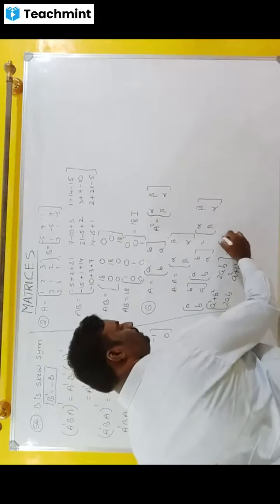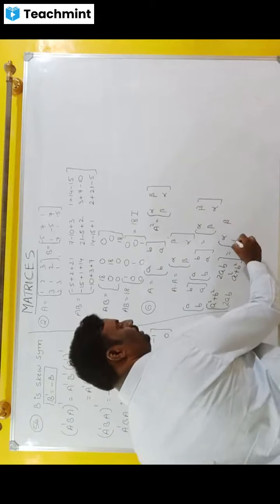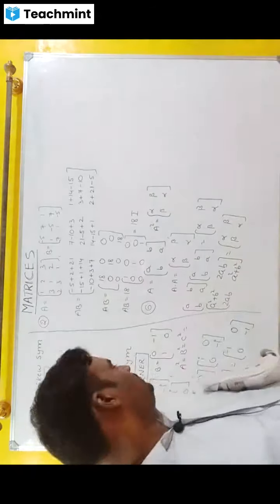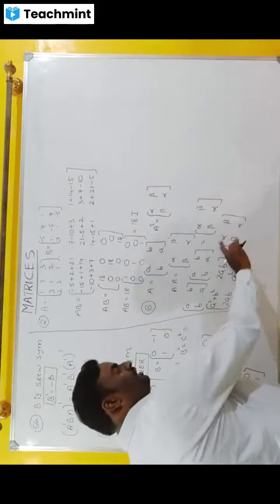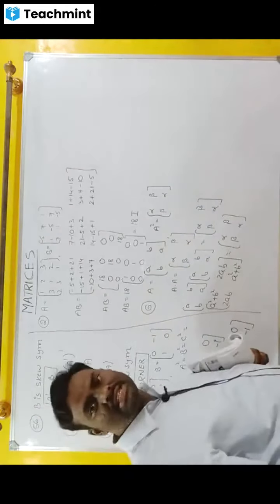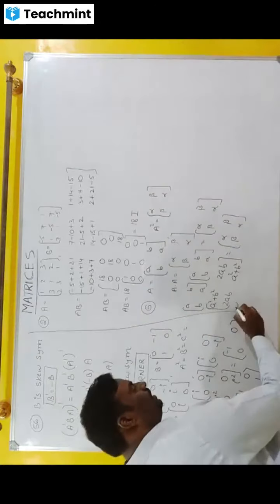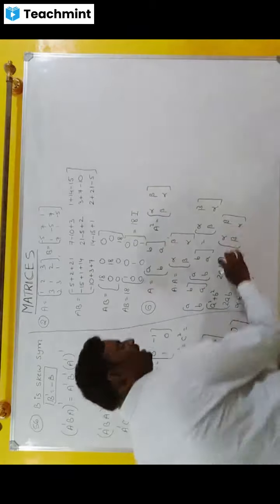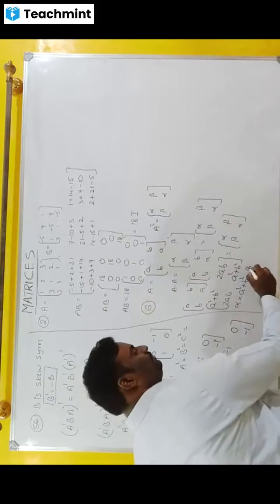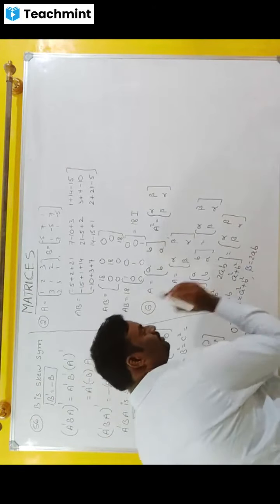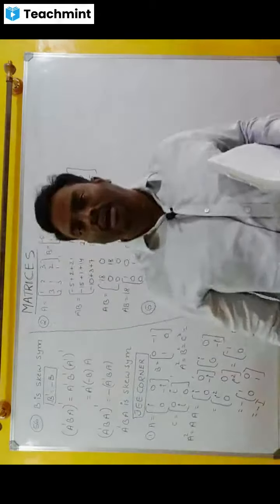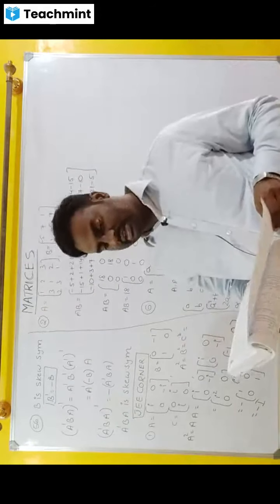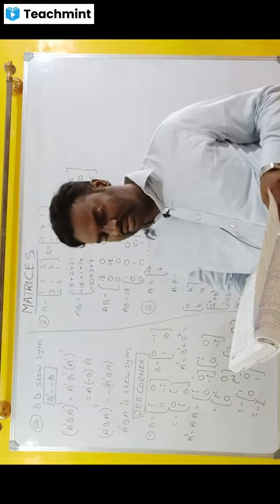That equals [alpha beta; beta alpha]. Now compare both matrices. In place of alpha, what do we have? a square plus b square. The alpha value is a square plus b square. In place of beta, what do we have? 2ab. So finally, we got the alpha value and beta value. That is nothing but the third option is the correct answer for this question.